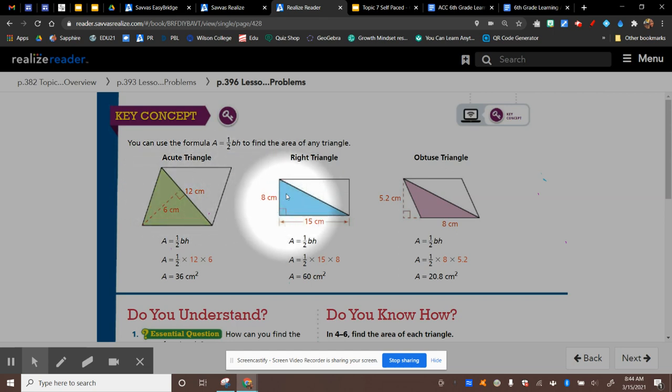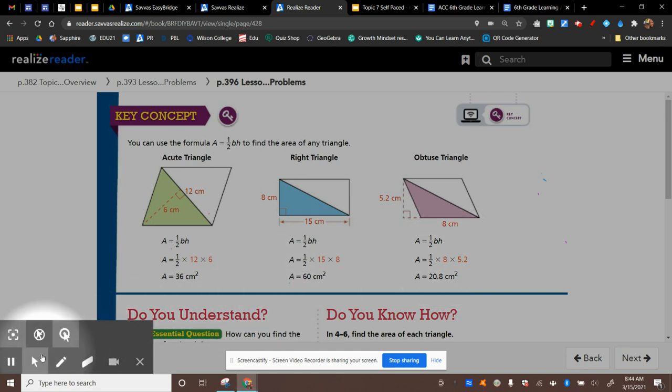A right triangle, angles are exactly 90, and then obtuse, the angles are greater than 90, but we just have to always make sure we're finding this height, which makes a right angle down on the base. This does not matter that it's not included in the shape. It still gives us the height from top to bottom. So you can see they used 1/2 base times height for all 3 of these problems.